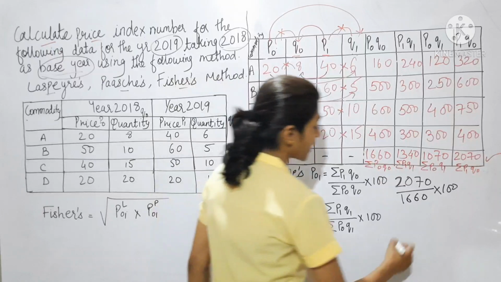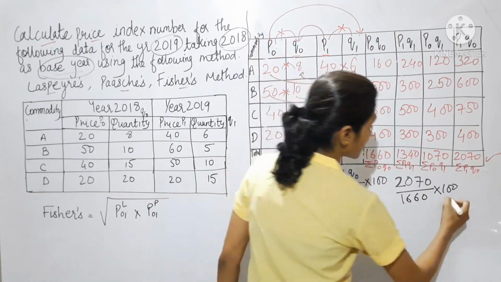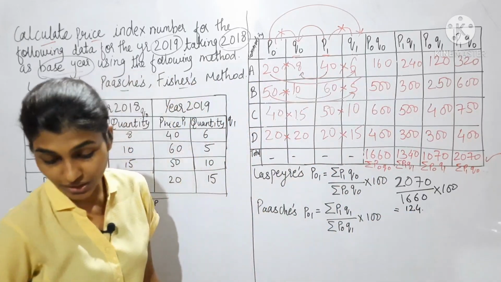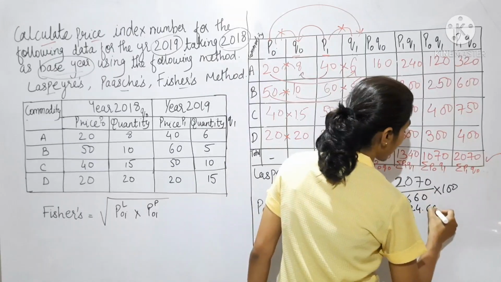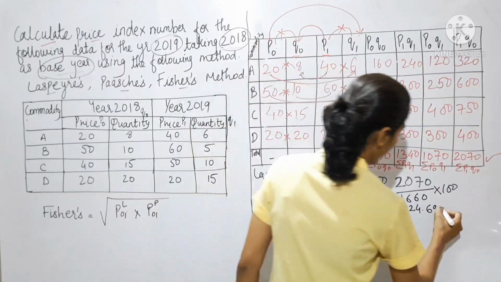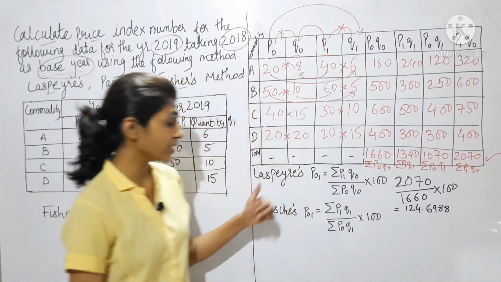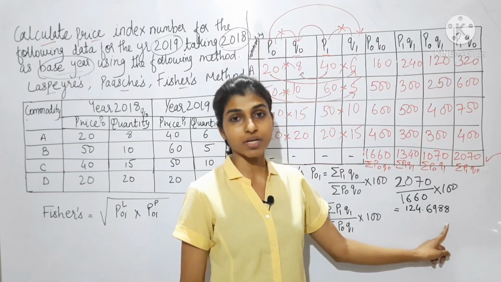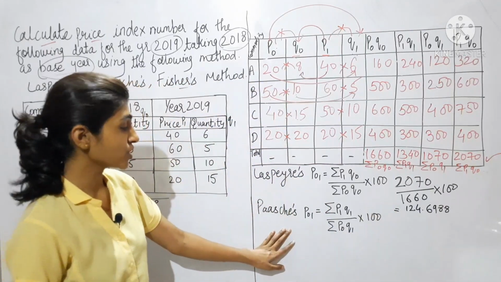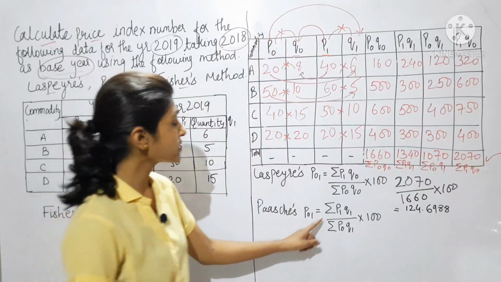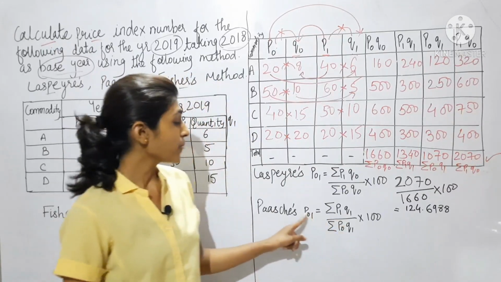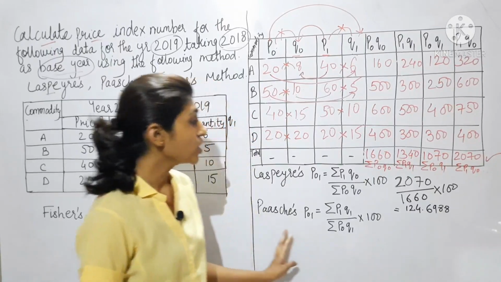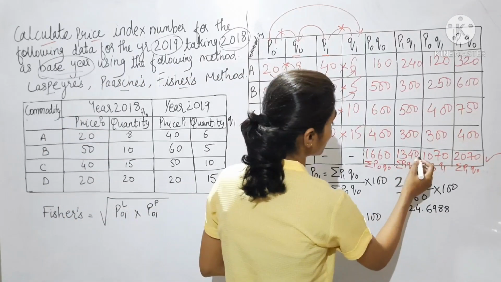What answer do you get? You get 124.6988. Okay, so this is the answer you get for Laspeyres. Now for Paasche's, the formula is summation of P1 Q1 divided by summation of P0 Q1 multiplied by 100. So where is the total of P1 Q1?